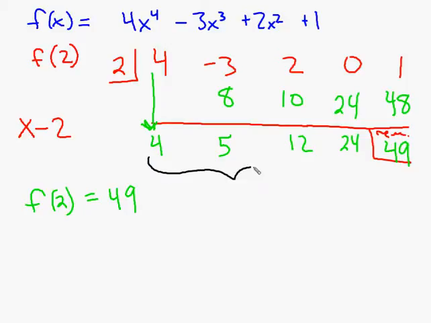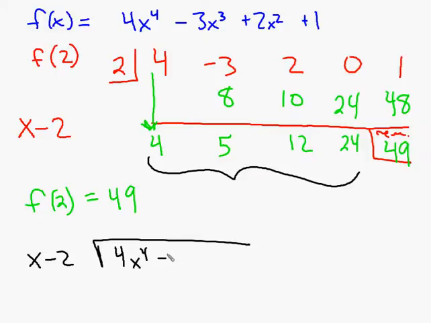All of this stuff, if I decrease it by 1 power, is what I would get if I did x minus 2 and divided it into this. Then all of this is what would go up here in the quotient.